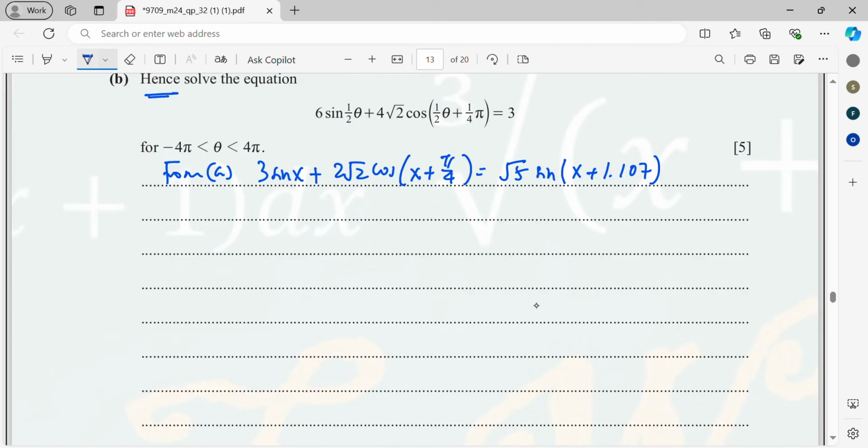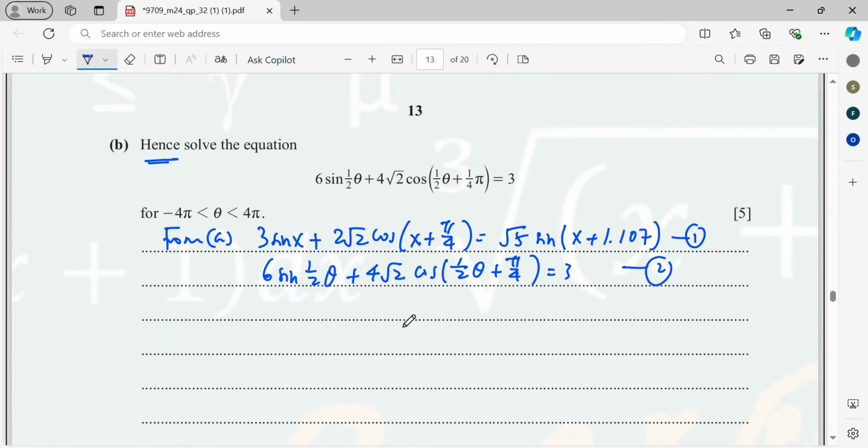Okay, now your question is 6 sine half theta. So if I compare the first and second equations, obviously the first equation I got, I times by 2. So it means that I will be getting 6 sine x plus 4 root 2 cos x plus pi over 4.